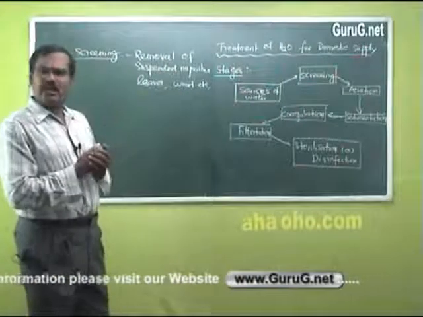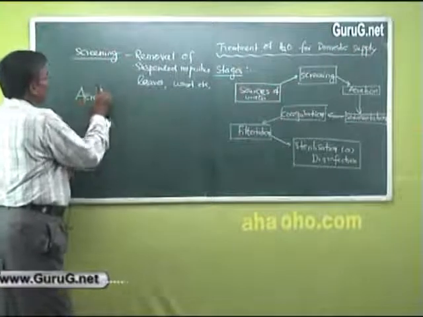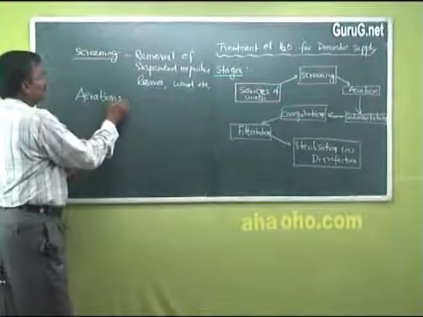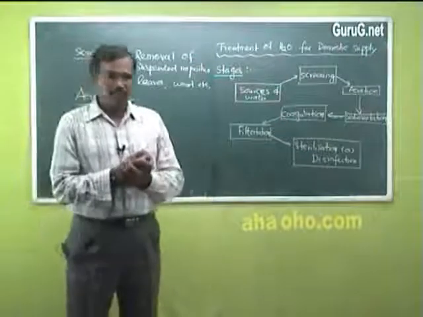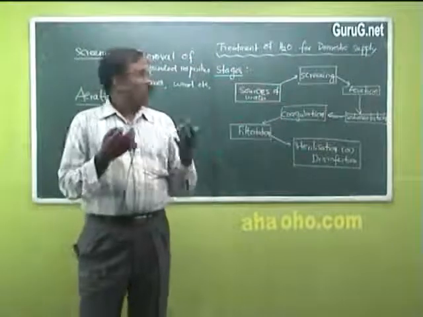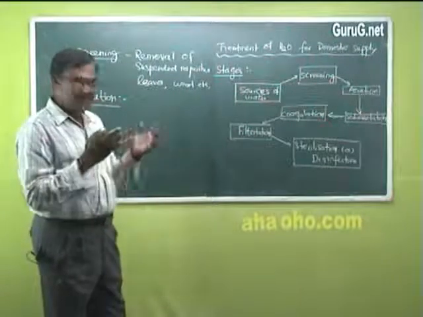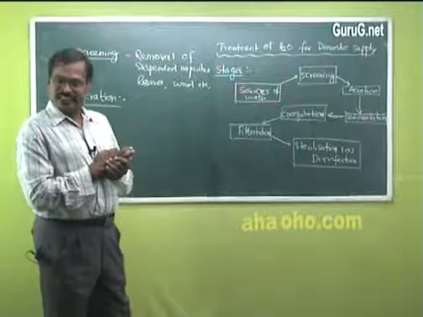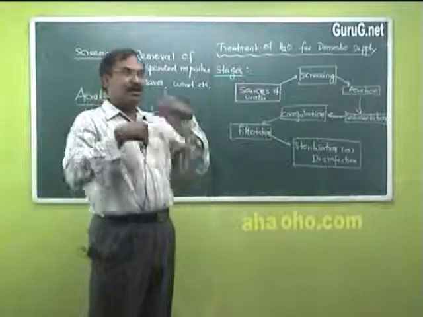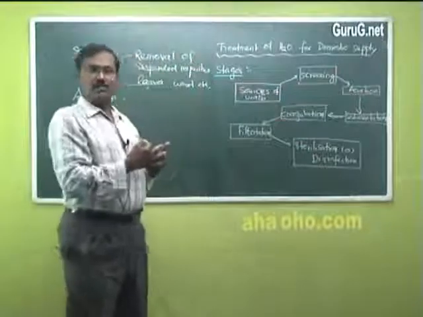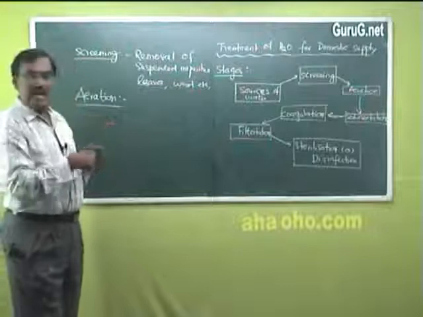The next one is aeration. It is very simple. The name itself explains the meaning. Aeration is nothing but mixing the water with air, that's all. Air is bubbled through it, or water is allowed to fall from some height, so water is mixed with air.